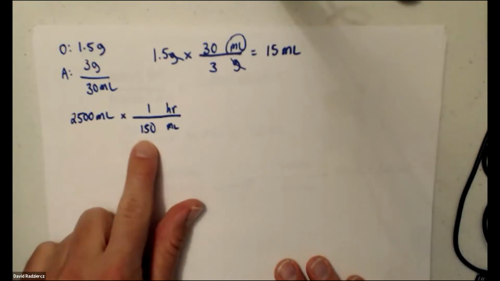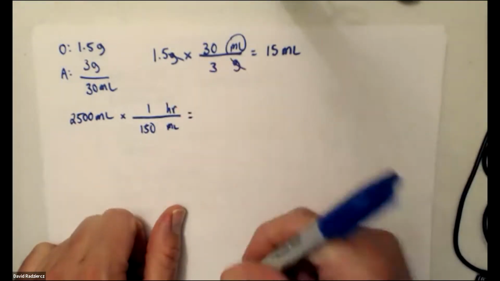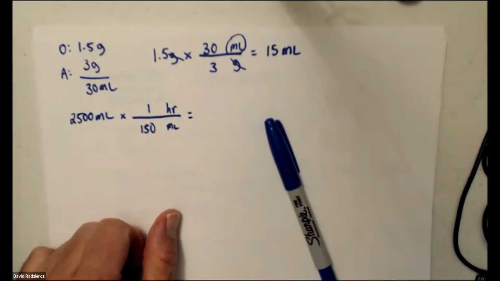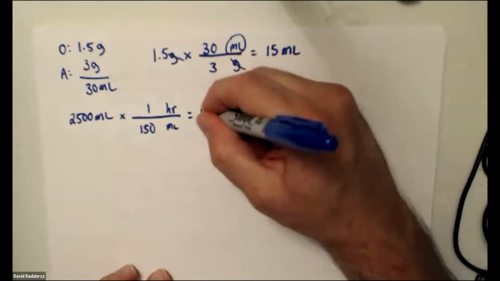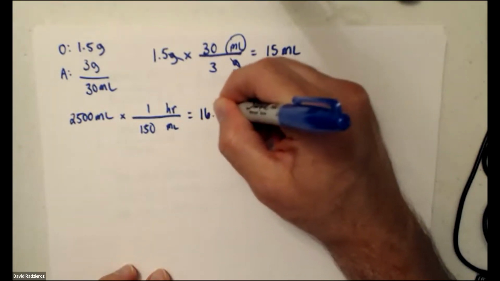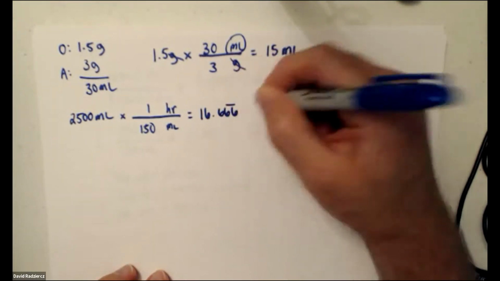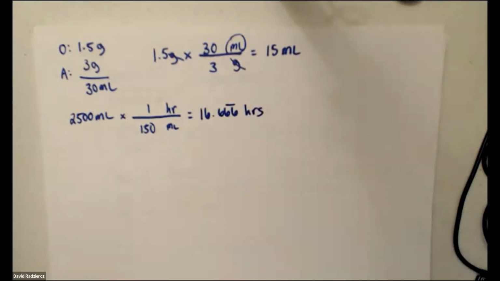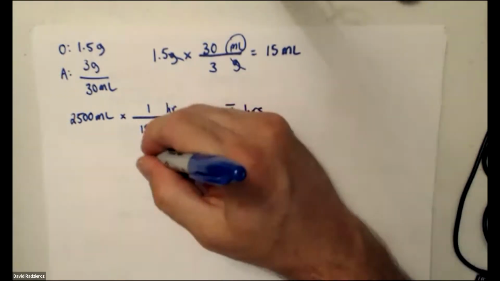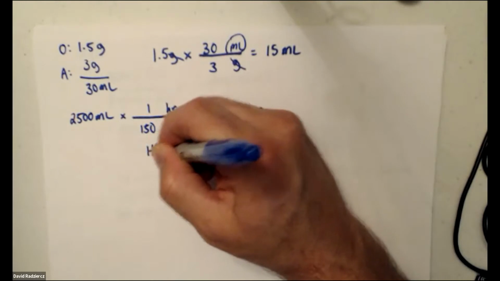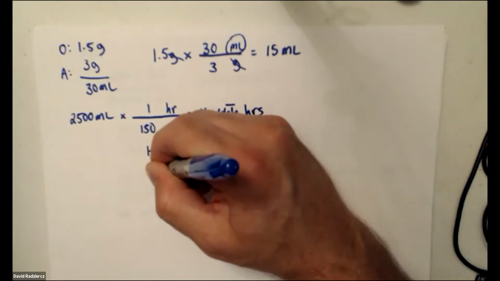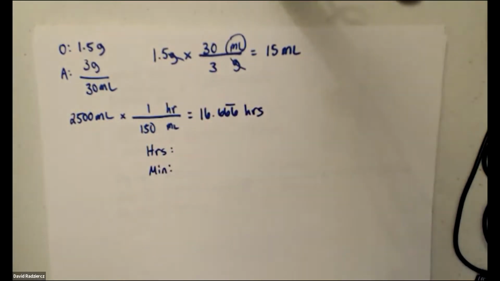So I'm going to do 2,500 divided by 150. When I do that, what I'm going to get is 16.666 repeating hours. Then the answer gives us hours and then minutes. Basically, you're supposed to put in the correct hours and minutes for this particular problem.